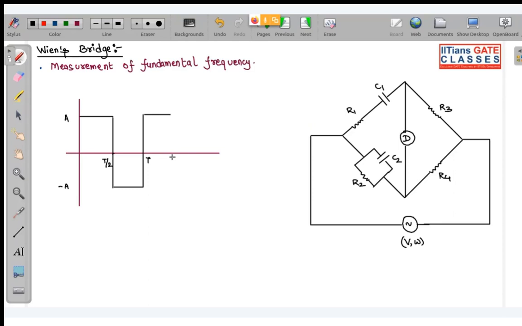Okay, so AC signal are all those signals whose average value over a time period is zero. So this is an AC signal.